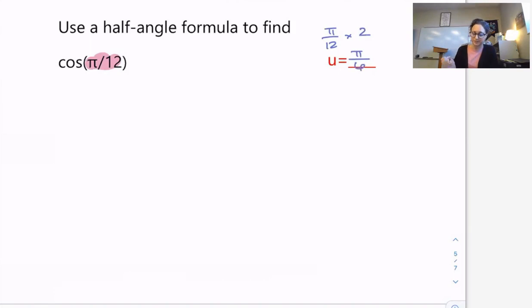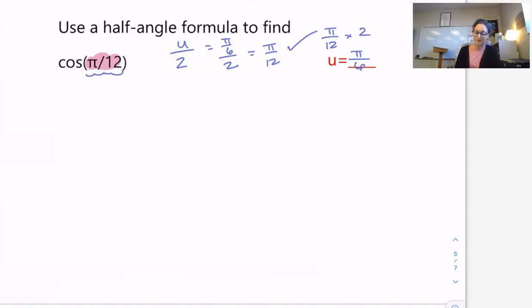So that's my u, because u over 2 would be pi over 6 over 2, which is pi over 12, okay, which is what I was trying to get back to. So just keep in mind, this is not u, okay? U is that stuff in parentheses times 2.